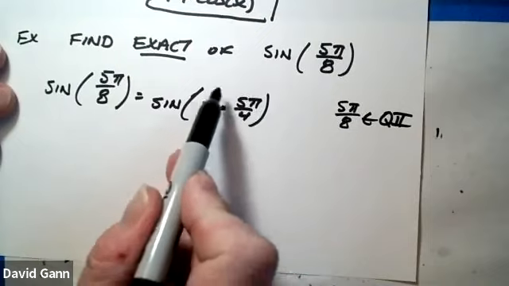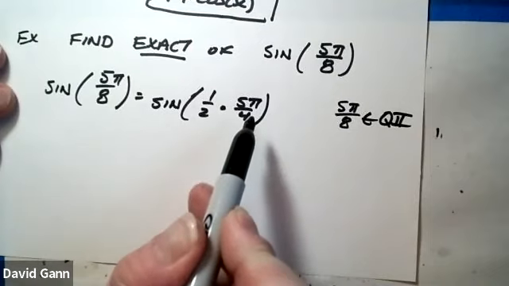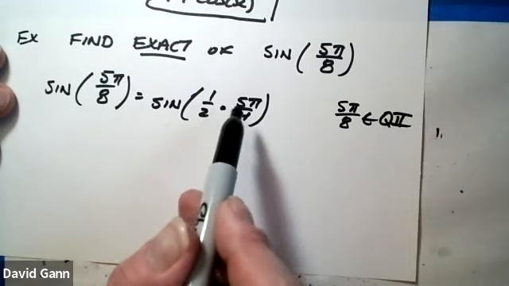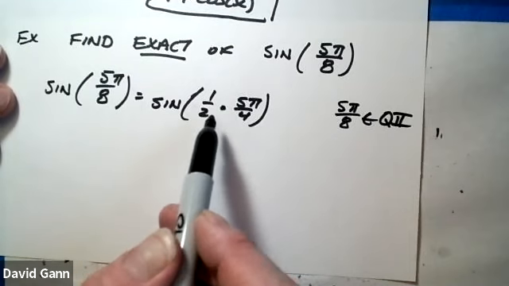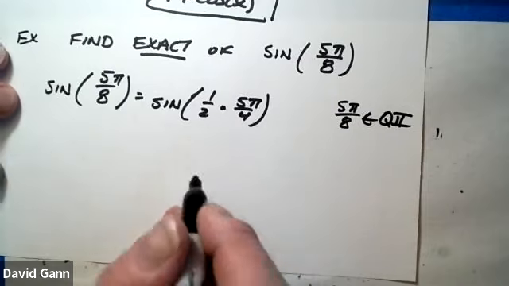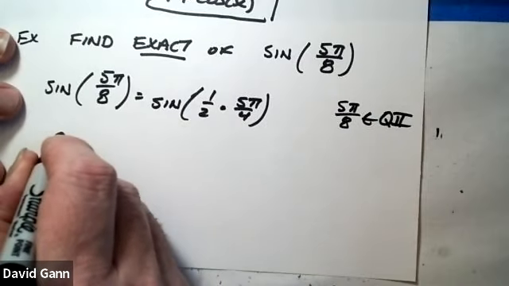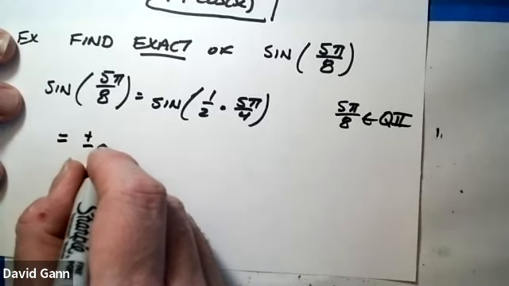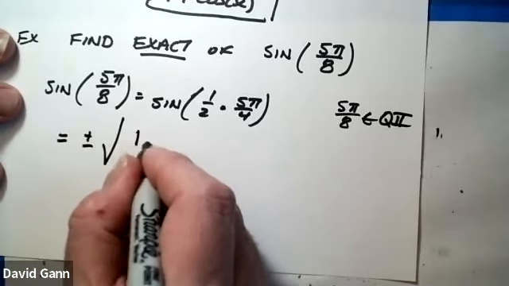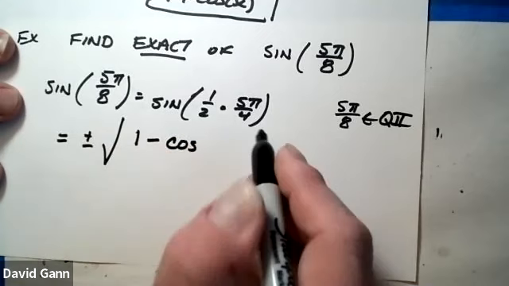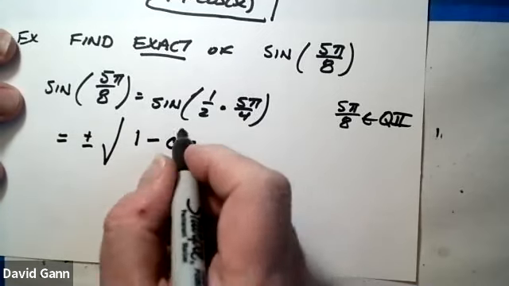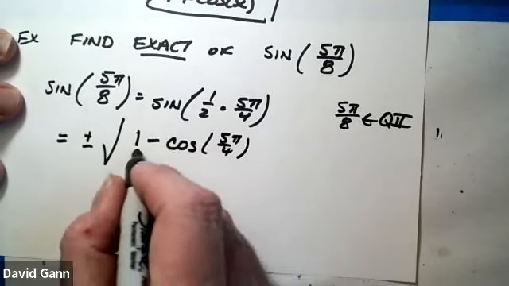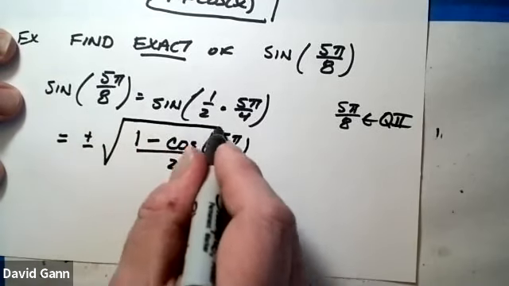So using this expression here, it's sine of 1/2 times x. So sine of x over 2, we just need to apply the formula. This is going to be equal to plus or minus the square root of 1 minus cosine of that value, which is 5 pi over 4, all over 2.